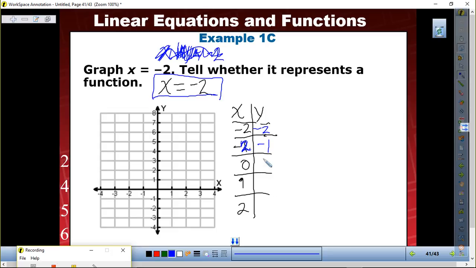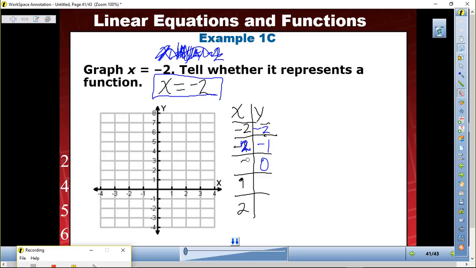When y is 0, what is x? -2. When y is 1, what is x? -2. And when y is 2, what is x?